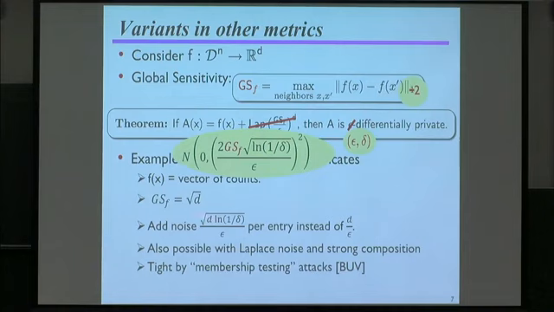Then, as measured this way, the global sensitivity will be about the square root of the number of counts, and the amount of noise I'll add will scale with the square root of the number of counts. Okay, if I use the other sensitivity calculation, I'd get linearly in the number of counts.